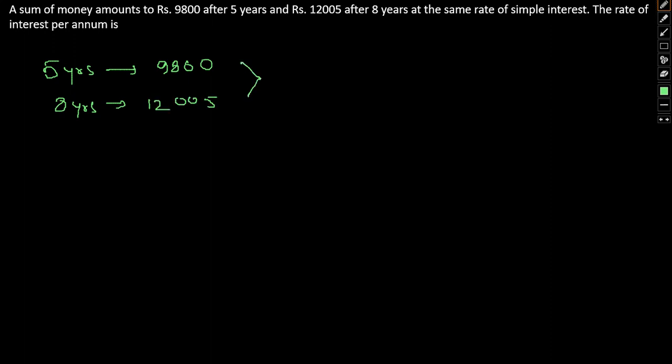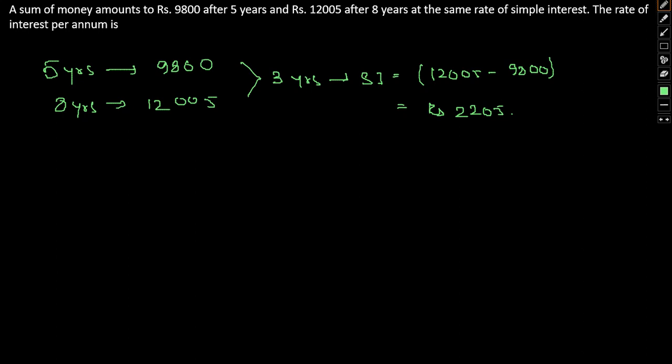So therefore for 3 years SI will be 12,005 minus 9,800, which is rupees 2205. So for 3 years this is the simple interest.